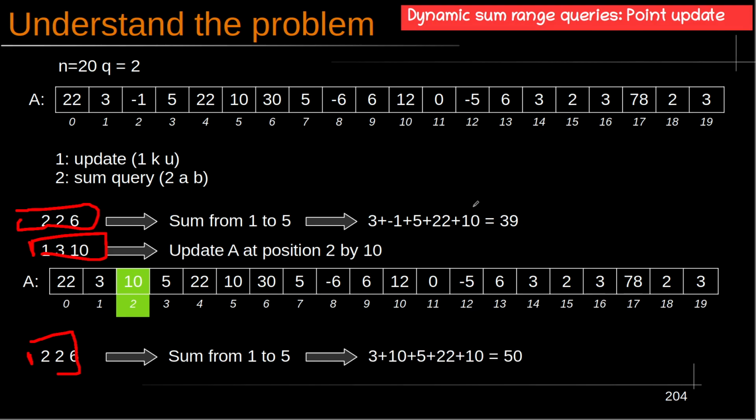So it will be 3 plus 10 plus 5 plus 22 plus 10. From 1 to 5, this one. Okay.